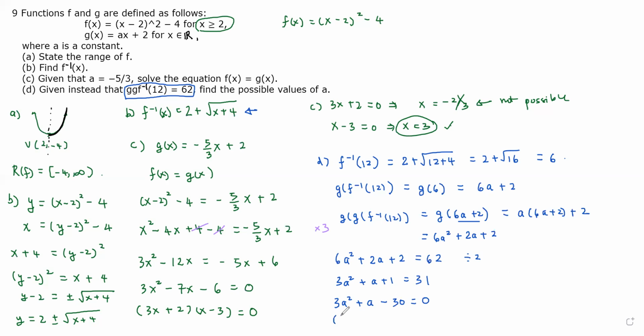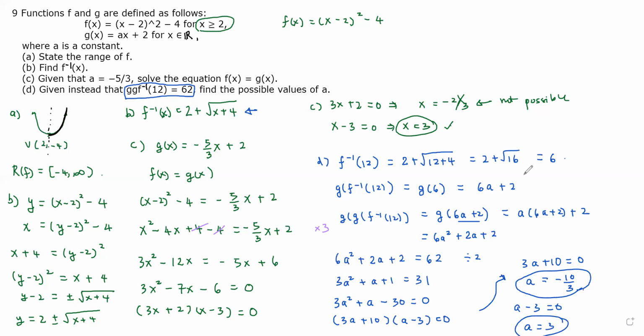And we can factor the trinomial to be (3a + 10)(a - 3). From here, when we set 3a + 10 to 0, a is -10/3. And when we set a - 3 to 0, a equals 3. So these two form the solution.